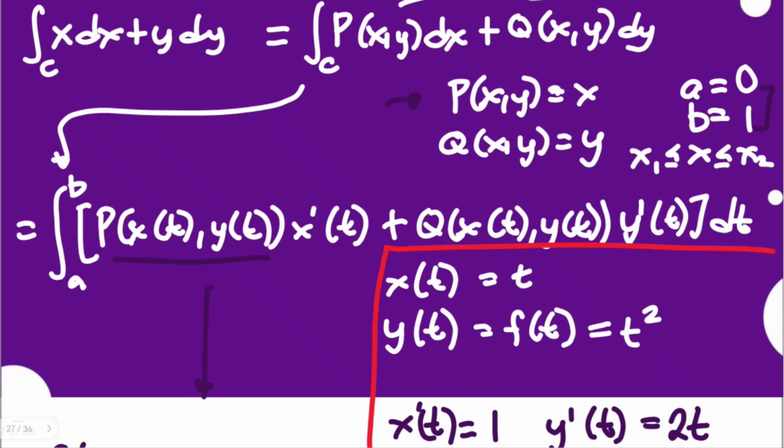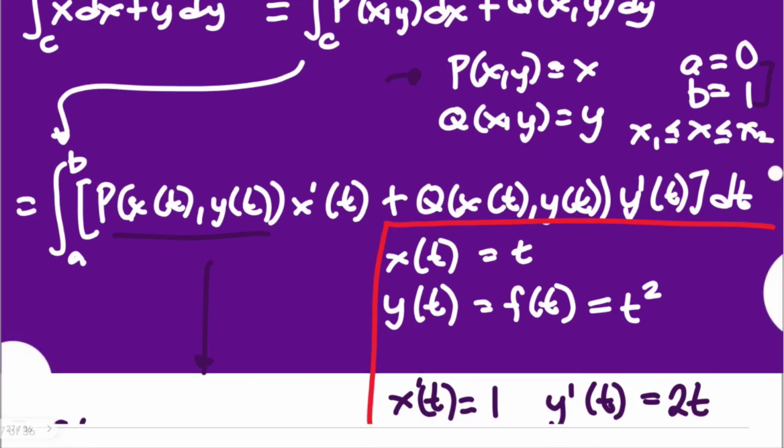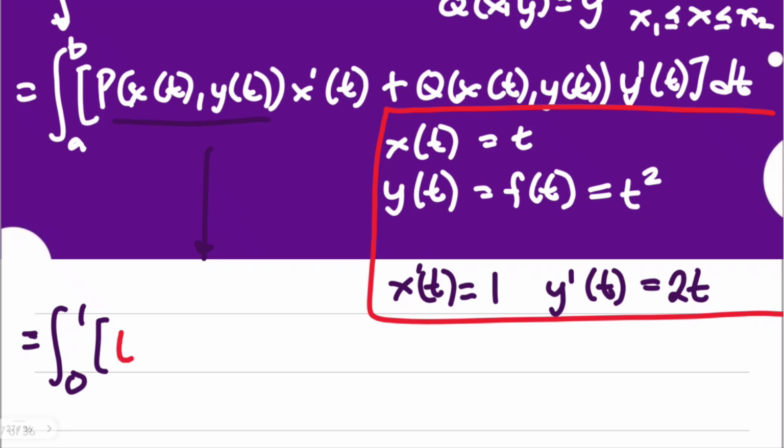If in case we have another example later on, let's say minus 2y, we're going to have minus twice of that because that's for our y of t. But since we have here only x, we will be using x of t, which is just t. So we have only t times the derivative of x of t, which is 1.